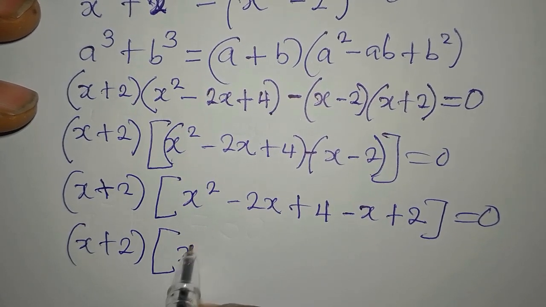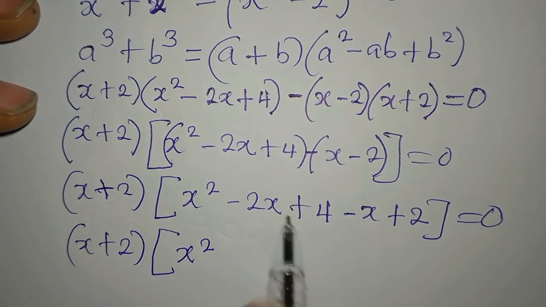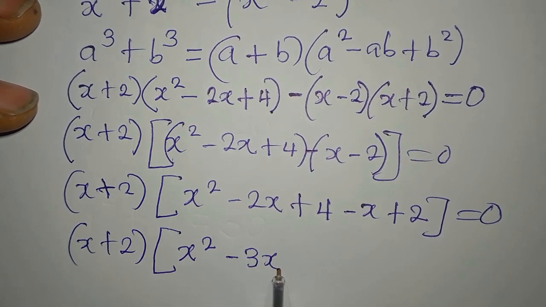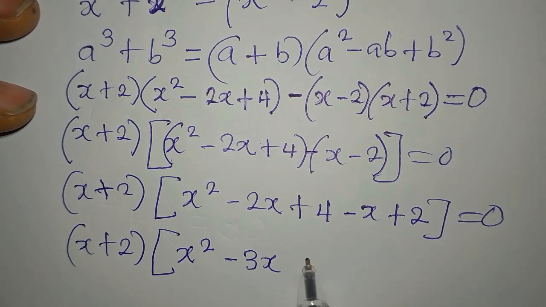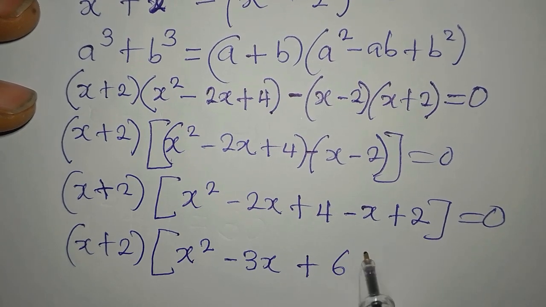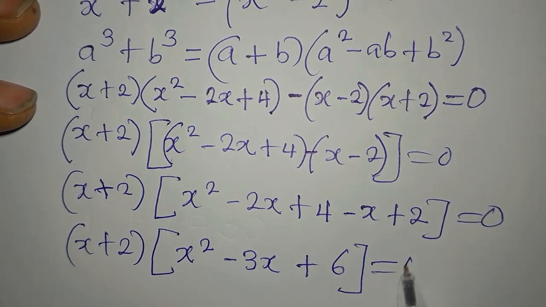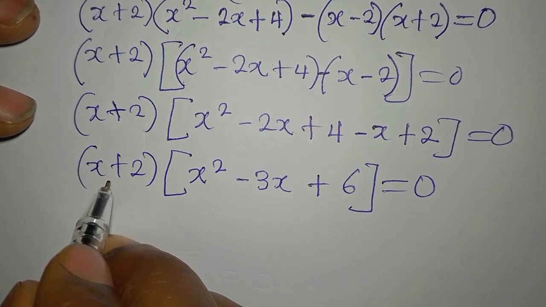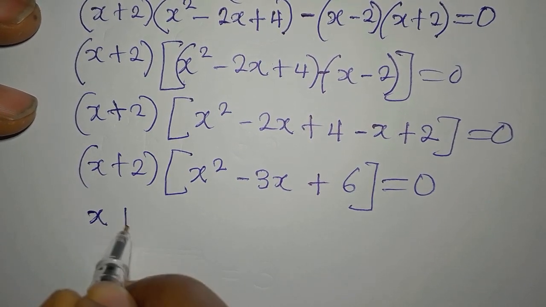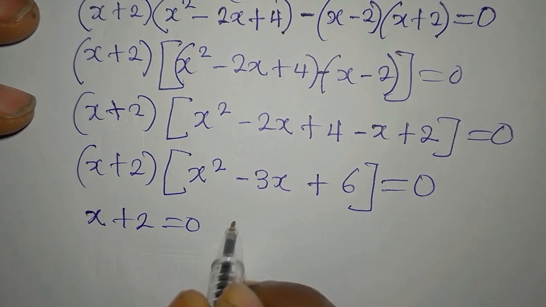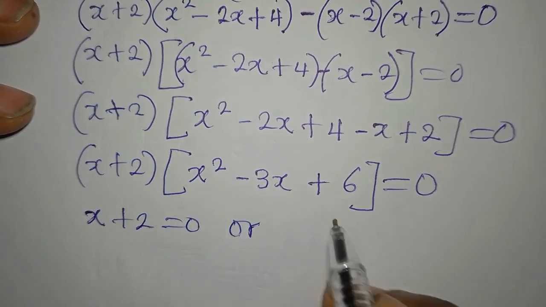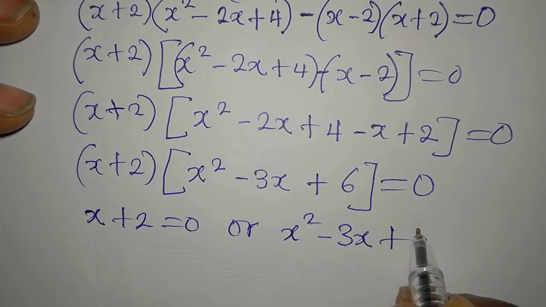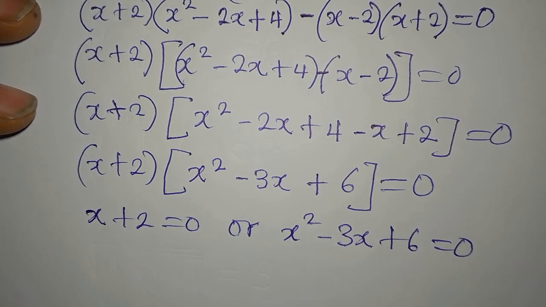Then from here we have x squared minus 2x minus x is minus 3x. Then 4 plus 2, that will give us plus 6. So we equate this to 0. Now we have x plus 2 as a factor. We equate it to 0, or this, which is x squared minus 3x plus 6 equals 0.